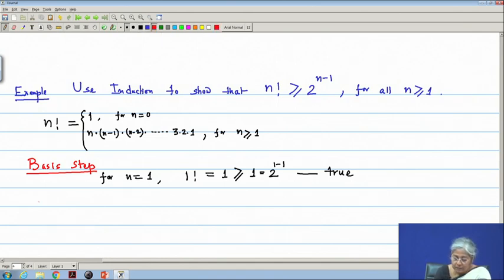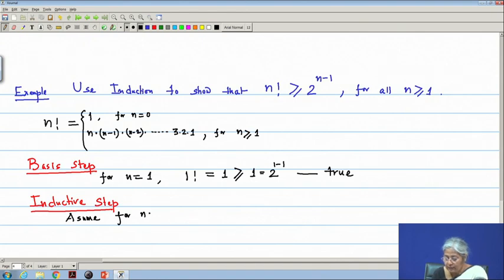Now, we see the inductive step. We assume that for n equal to n the formula or the proposition is true.